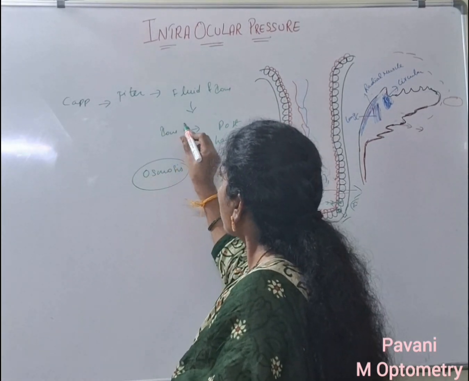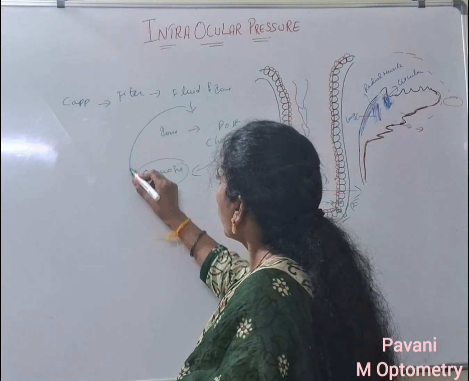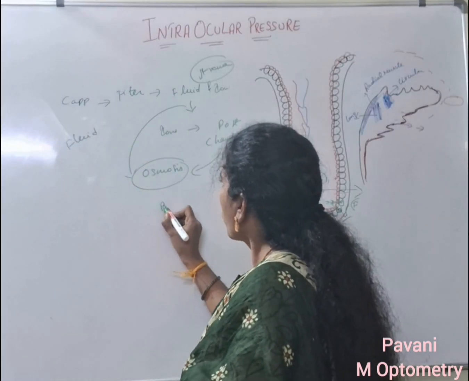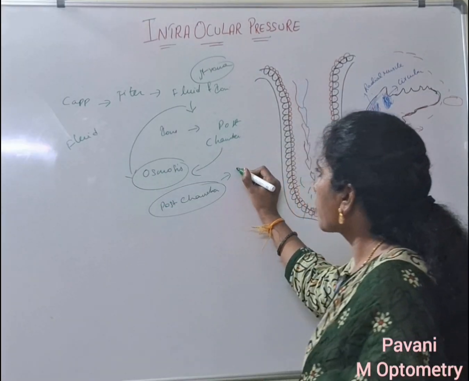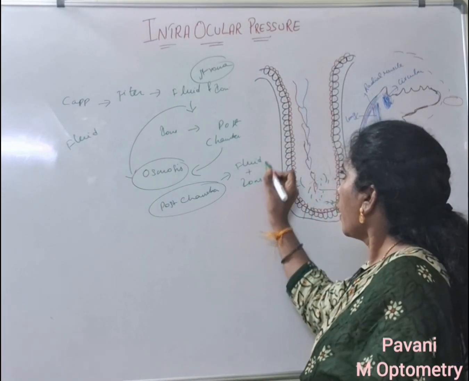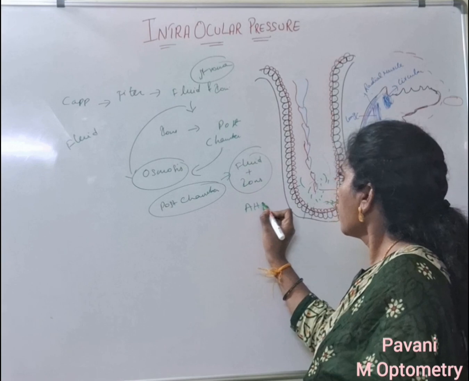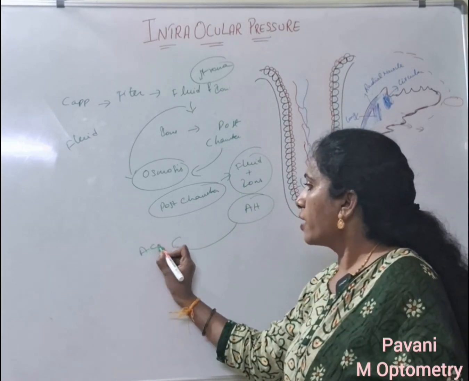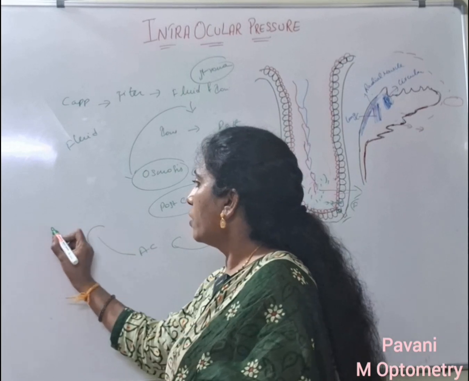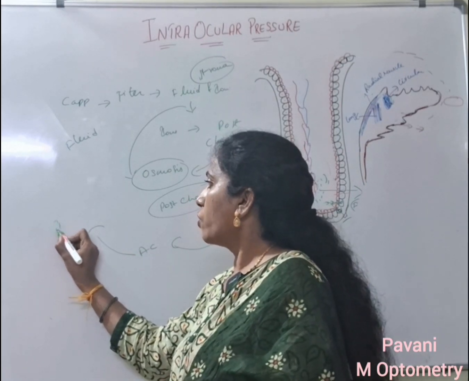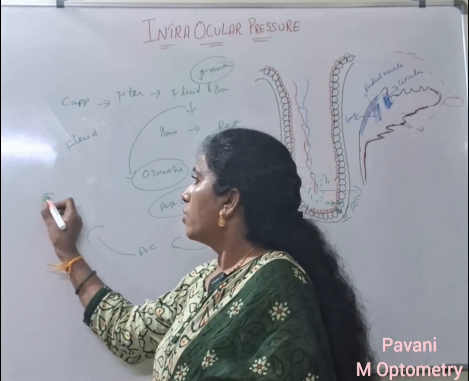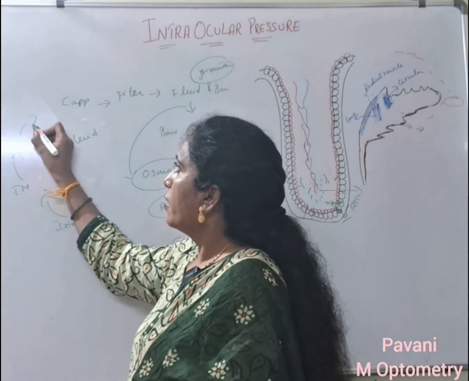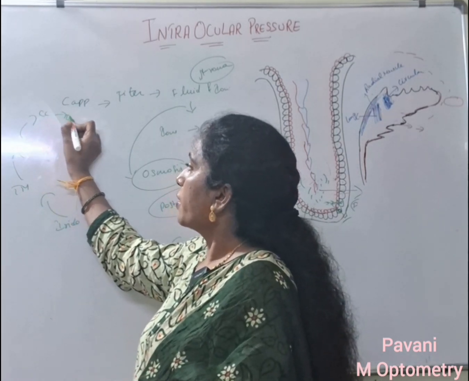Because of the osmosis, the fluid follows the ions and enters the posterior chamber. The fluid mixes with the ions and then aqueous humor is produced. From there it enters the anterior chamber and drains out from the iridocorneal angle. From there it goes to the trabecular meshwork, Schlemm's canal, collector channels, and episcleral veins.